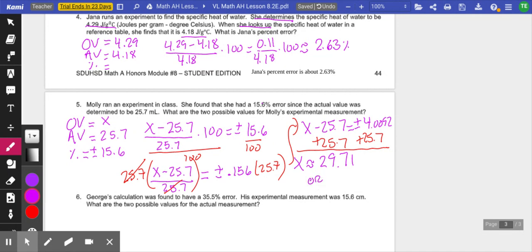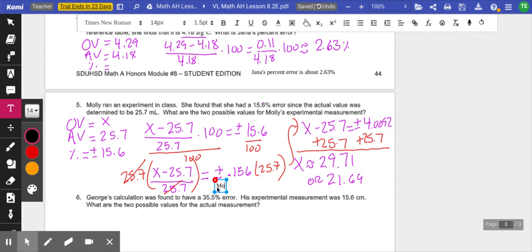Or if I treat the 4 as a negative, 25.7 minus 4.0092, I get about 21.69. Okay, so she's either high at 29.71 or she is low at 21.69.